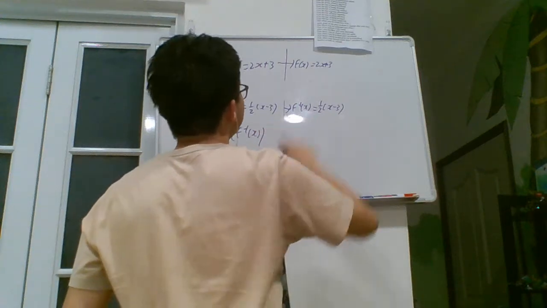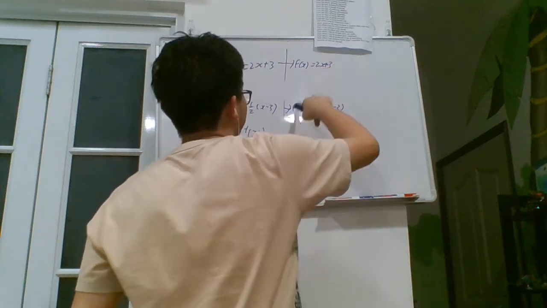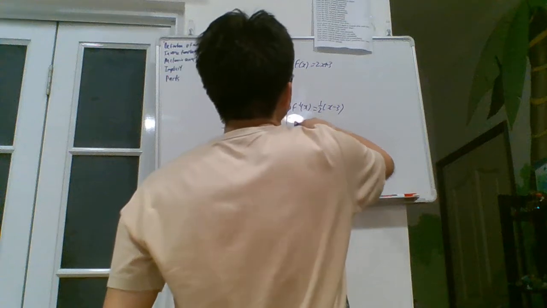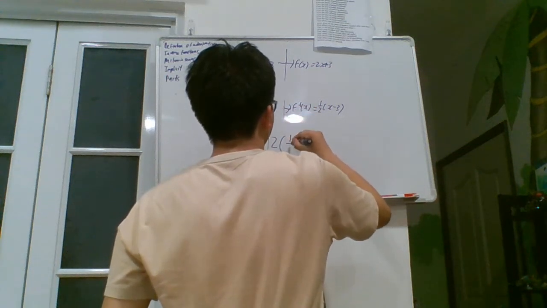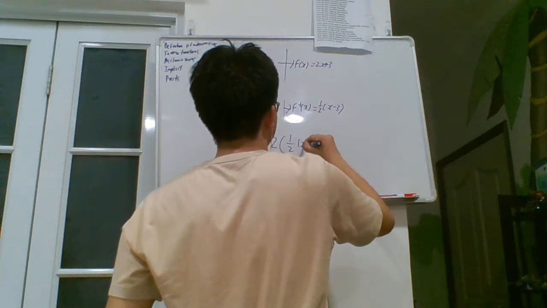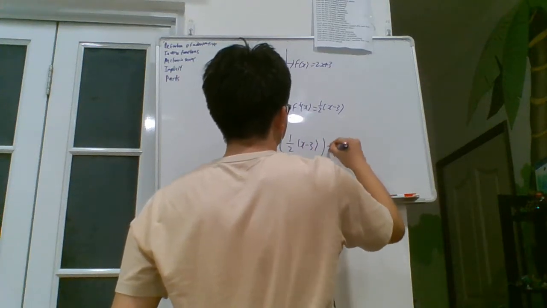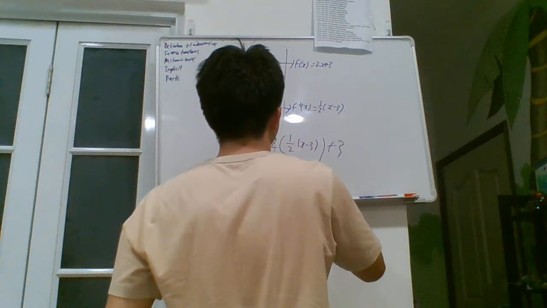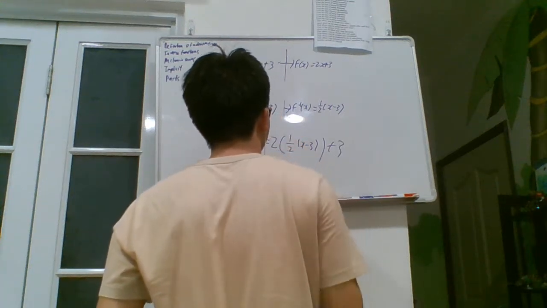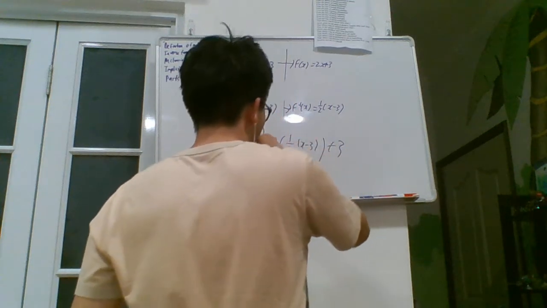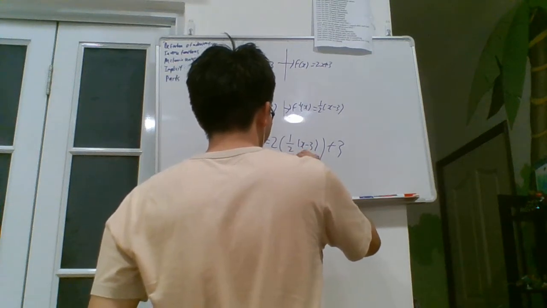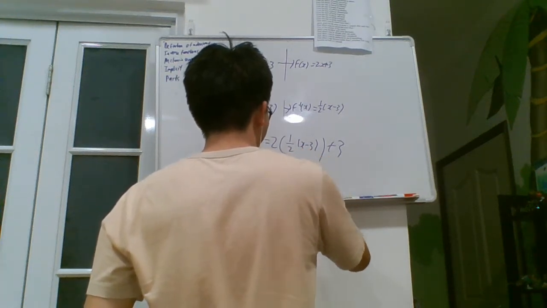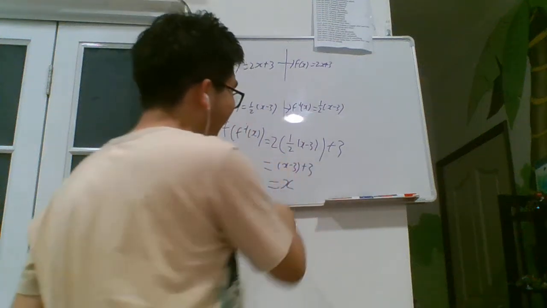You substitute every x value here with whatever this is. So this will give you 2 times half x minus 3, plus 3, which would evaluate to x minus 3 plus 3, which will evaluate to x.